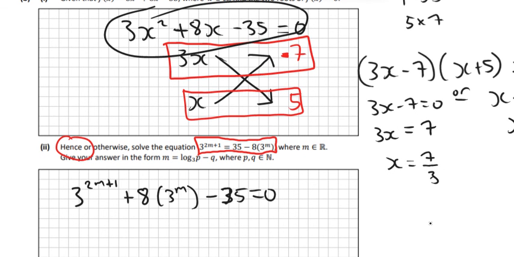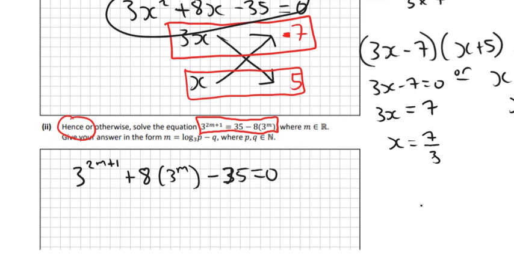It's just that instead of 3 to the power of m, we have x up in the upper one. So remember that there in the first thing, that's the same thing as 3 times 3 to the power of 2m plus 8 times 3 to the power of m minus 35 equals 0.